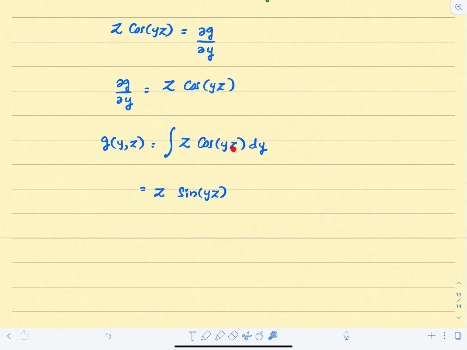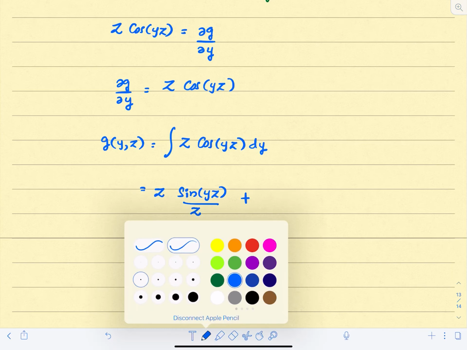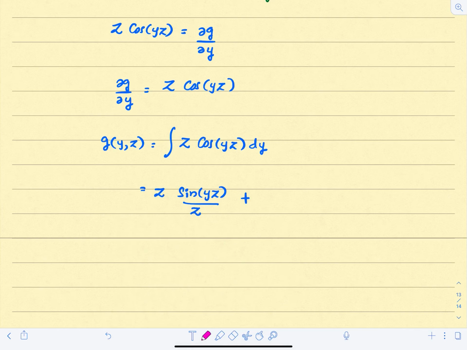If you integrate cosine of y times a constant, you get sine of y times the constant, over that constant, so we get sine of yz, plus a function of z.